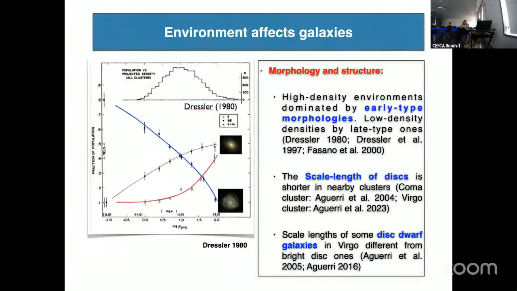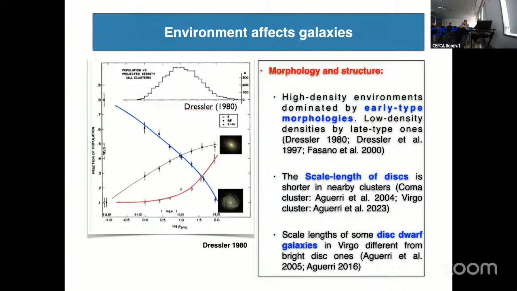So the environment is influencing the evolution of the galaxies, and this is well known from different clusters and different papers in the literature. These are some classical relations. For example, one is the relation between the morphology and structure and the environment where the galaxies live.